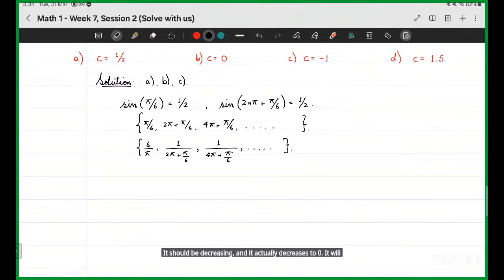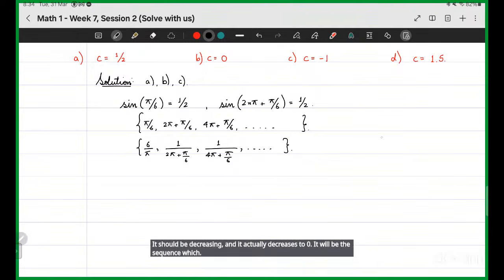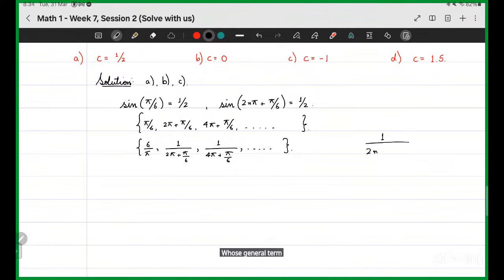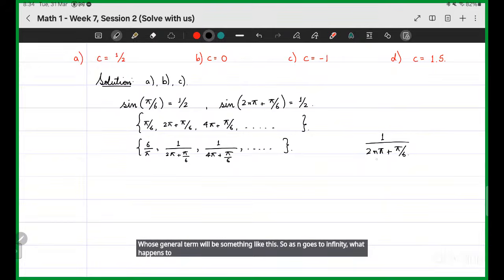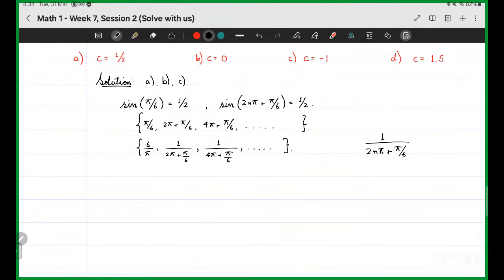It will be the sequence whose general term will be something like this. So as n goes to infinity, what happens to this sequence? It will converge to 0.